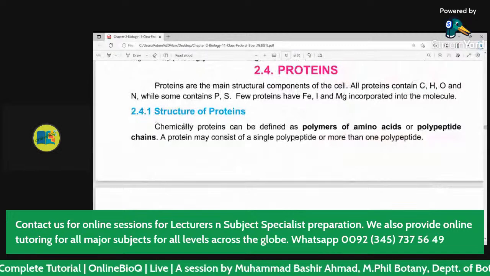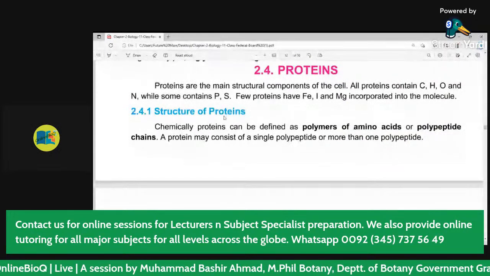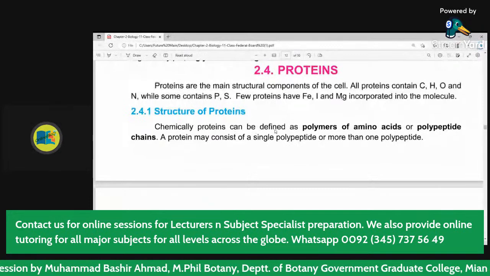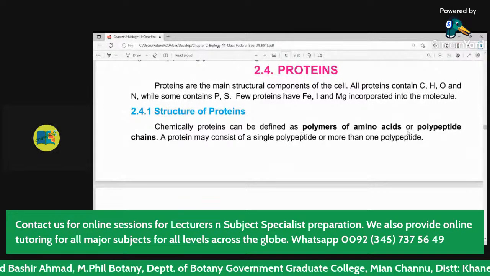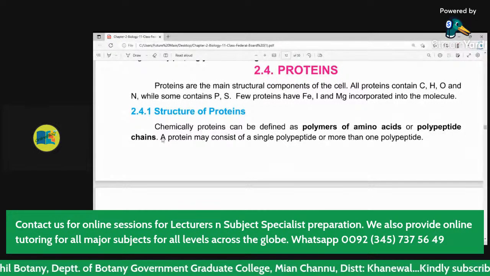Now we study the structure of proteins. Chemically, proteins can be defined as polymers of amino acids or polypeptide chains.